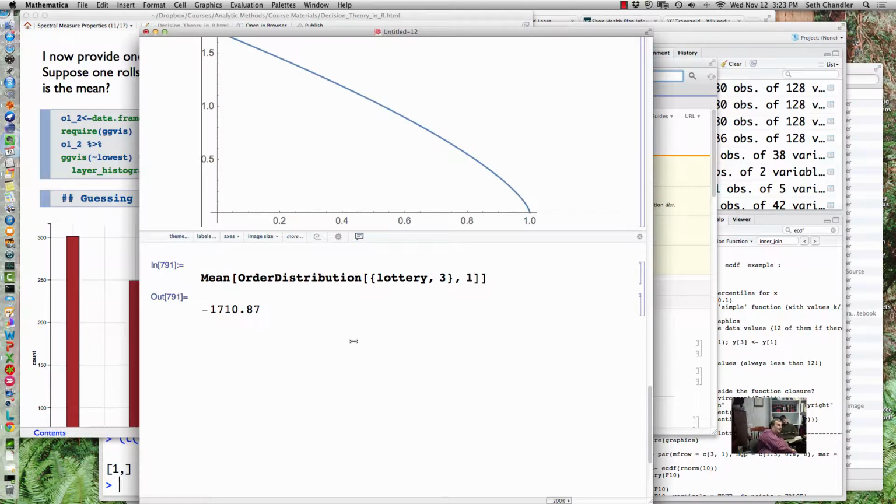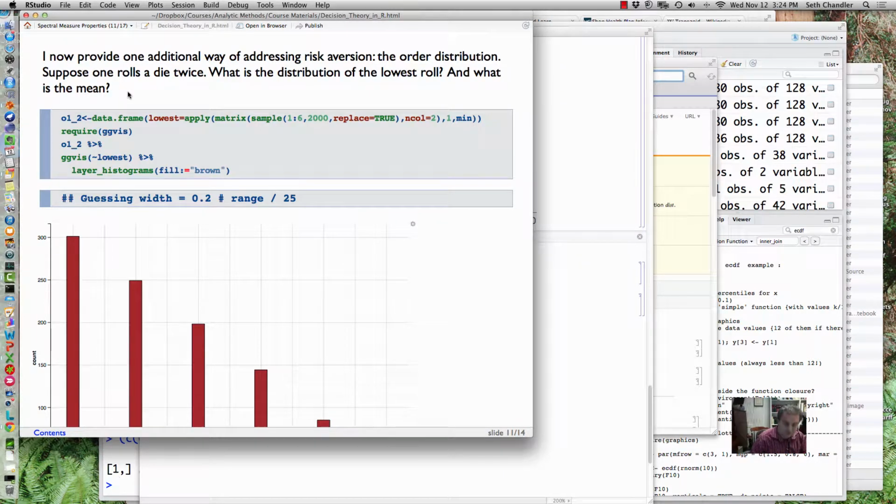Whereas if I tell you that you are so risk averse that you think about 3 things that could possibly happen and you always pick the worst one, that's a way of discussing a client's degree of risk aversion. It's just a way of conversing about it. That's another reason I like order distributions.